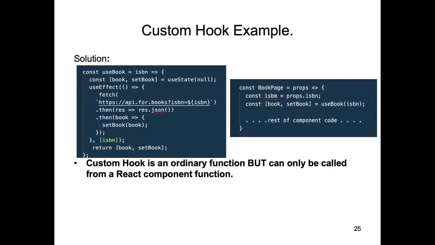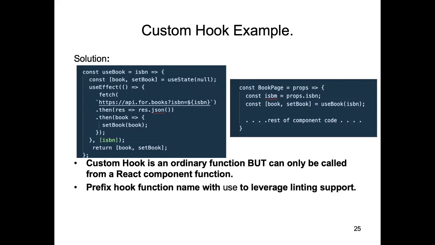So my custom hook is an ordinary function, but it can only be invoked from the top level of a React component. Prefix its name with use so that the linters that come with Create React App check that I'm using this custom hook properly, or that other people use it properly.